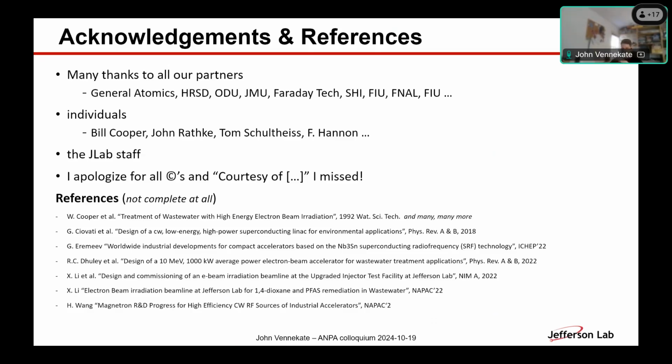And it goes down to numbers. We have some numbers from the 2018 publication of my colleague Gigi Giovati, which I have here on my slide. He ran some numbers for his 1 megawatt, 1 MeV single cell cavity system, where he ends up with a couple of cents of treatment cost for, I think, the cubic meter of water.